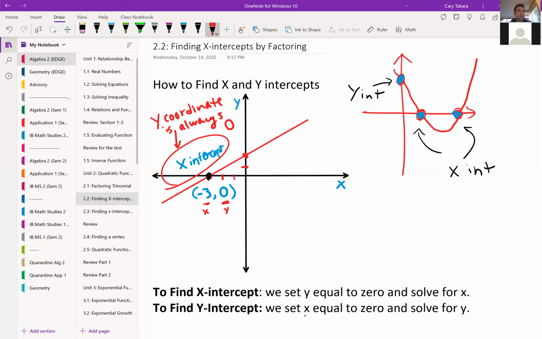Would you agree with that? For any x-intercept, the y coordinate is always 0. Would you agree with that?